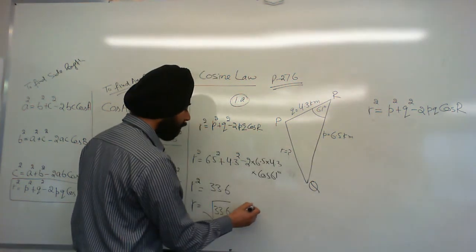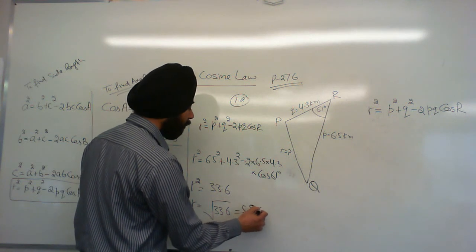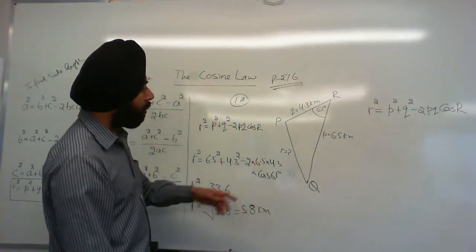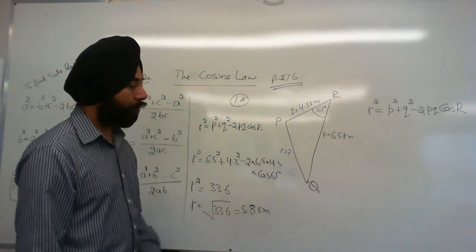So 5.79 can be written as 5.8 kilometers. So R came out to be 5.8 kilometers.